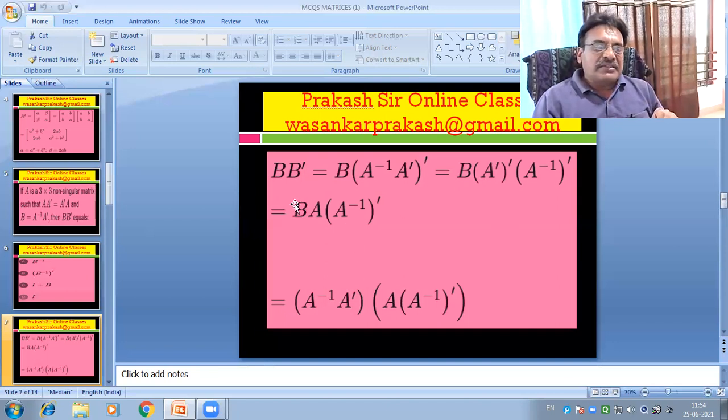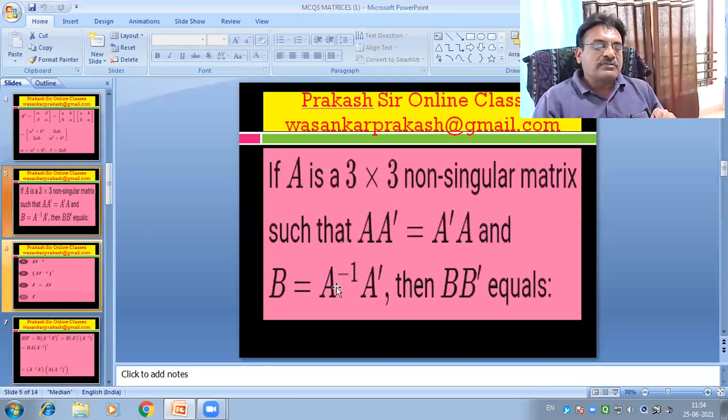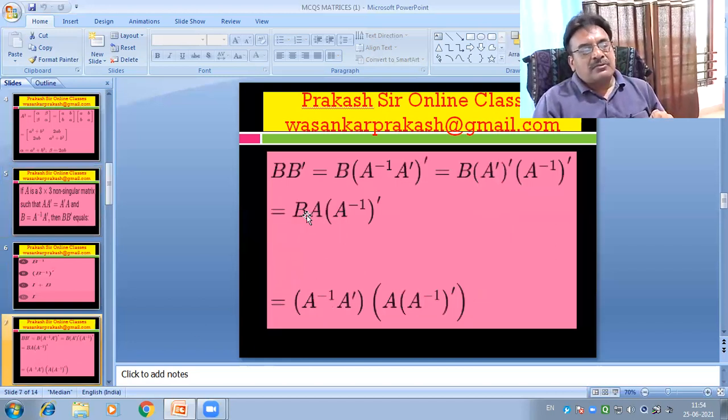Next, we write B, and it is given that B is equal to A inverse into complement of A. So we write B equals A inverse into complement of A, in brackets, then A into complement of A inverse as it is.